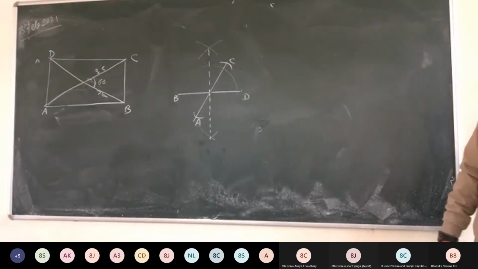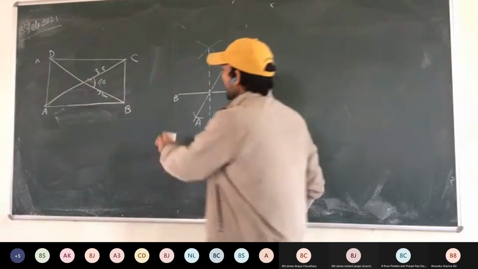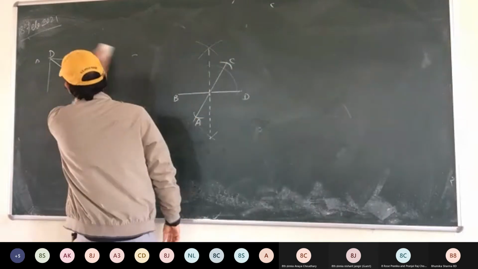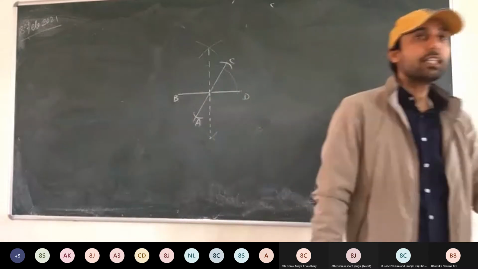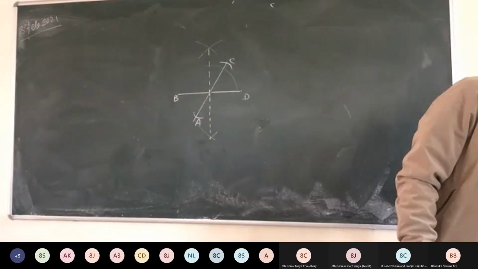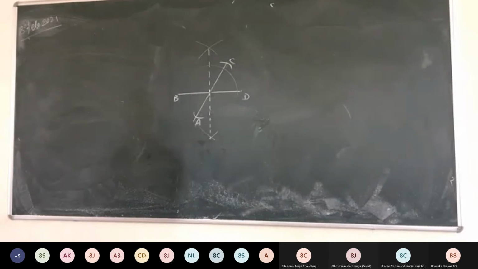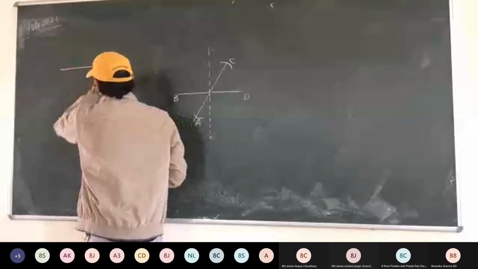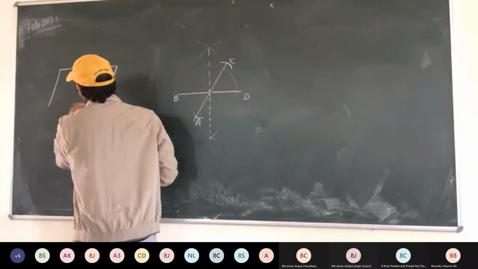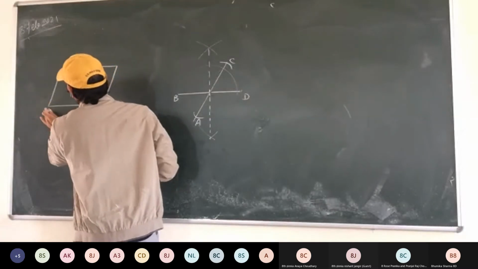Construct a rhombus. We have to draw a rhombus. So first we are discussing the properties of a rhombus. In a rhombus, all sides are equal. Stay quiet and look front.